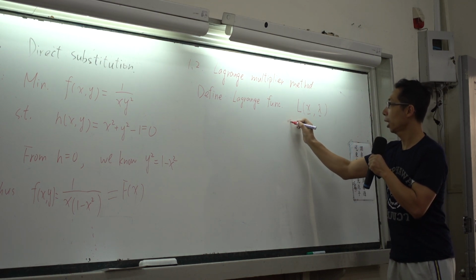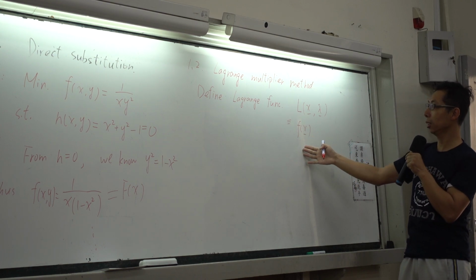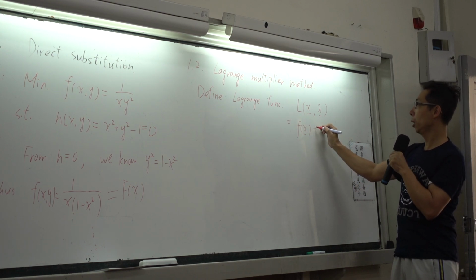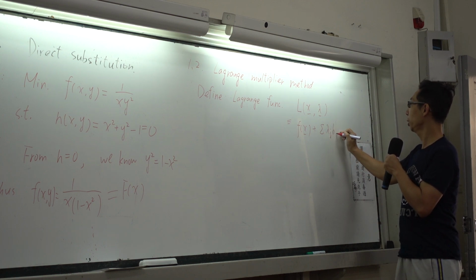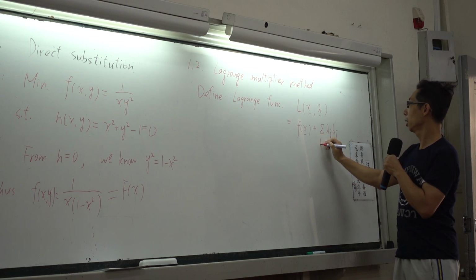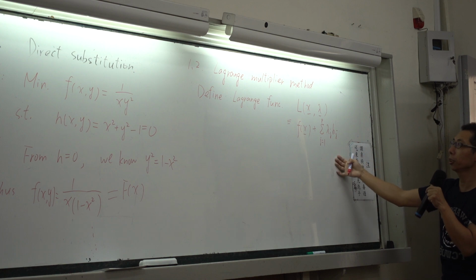That is, L is f of x, the original objective function, plus the summation of lambda j h j, j of course from 1 to p, because there are p equality constraints.